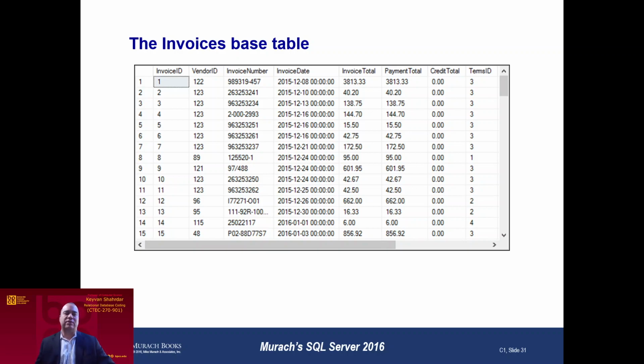And this is the invoices base table. So you see you have your columns that were created, and then you have your rows. So those rows get created, and these vendor IDs are relational.